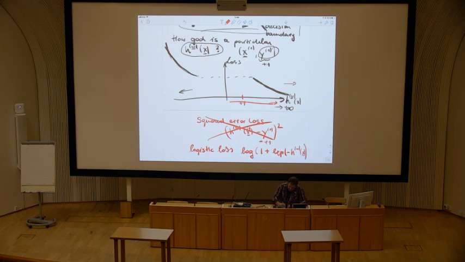This loss function looks like this, and it fits the bill. So on the left, it asymptotes to infinity, and on the right, it decays to 0. So this is the logistic loss.